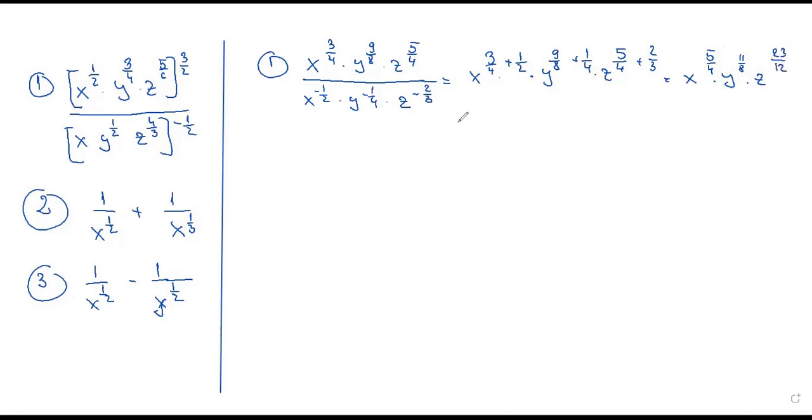Very good. And now as a radical. Then it becomes 4th root of x to the 5, times 8th root of y to the 11, times 12th root of z to the 23. Good. Very good.